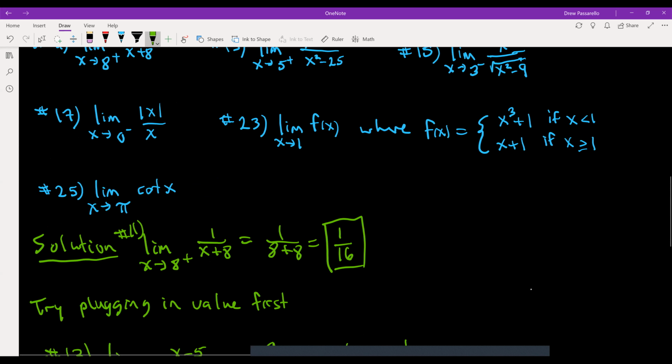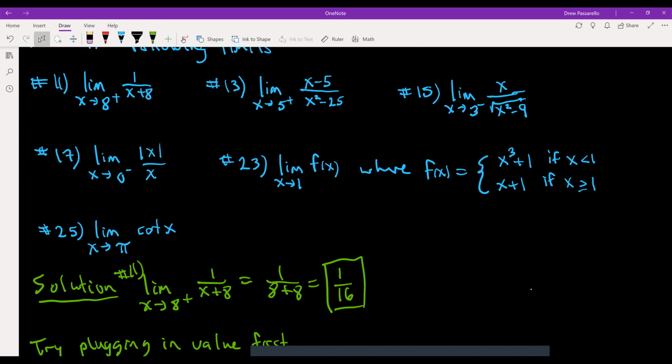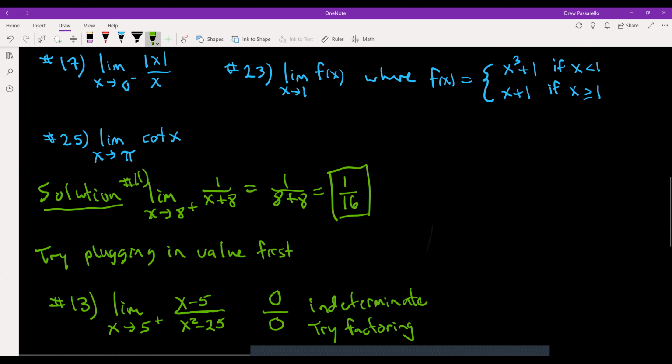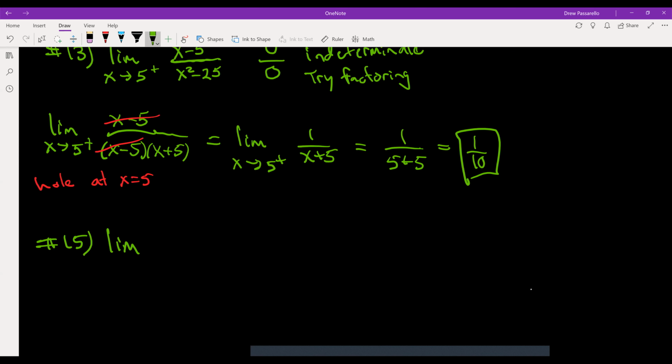All right, so number 15, this was supposed to be x approaches -3 from the left. So we're approaching -3 from the left. And if you plugged in -3, you get -3 up top.